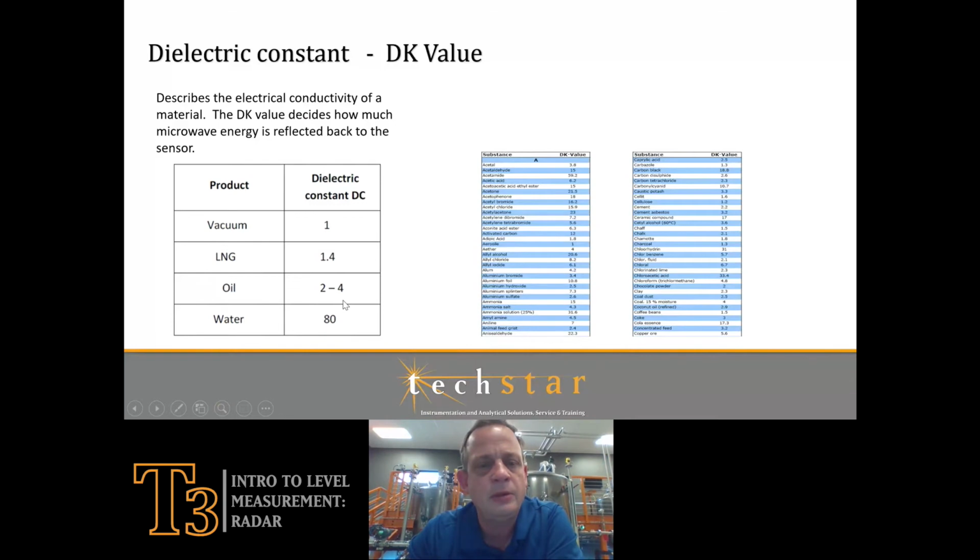A little more about what we choose to measure different products, or I guess different technologies. A couple of advantages to radar is it's not density dependent. The radar doesn't care what the density of your product is. It doesn't care what the pressure is in the vessel's airspace. It doesn't care what the temperature is.